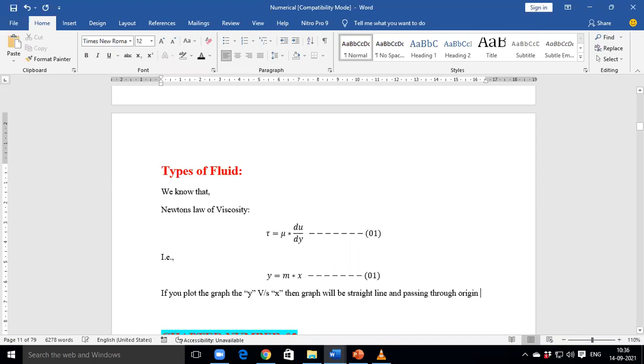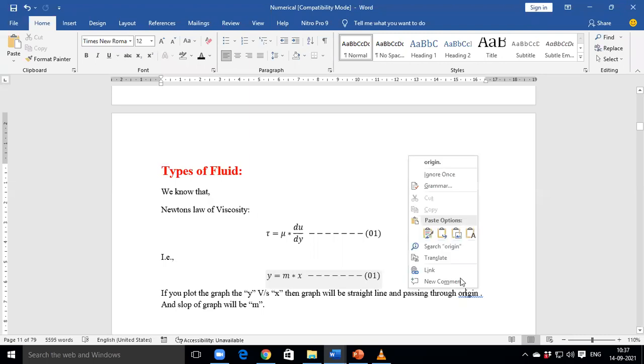What will be the value of the slope of the graph? The slope of the graph will be m. Is it understood? If we plot y versus x, the graph is a straight line through the origin, and the slope of the graph will be m.